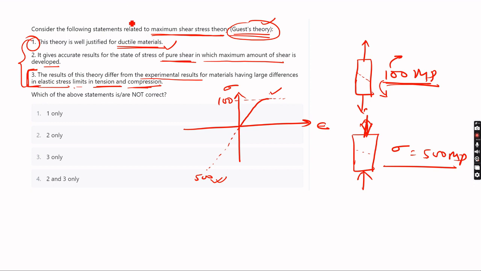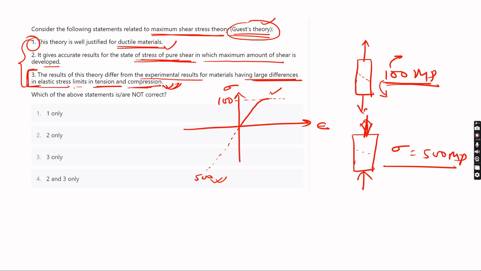So this is correct, because they are telling us there is a large difference. Then in the third statement, it gives an accurate result for the state of pure shear stress, in which the maximum amount of shear is developed.